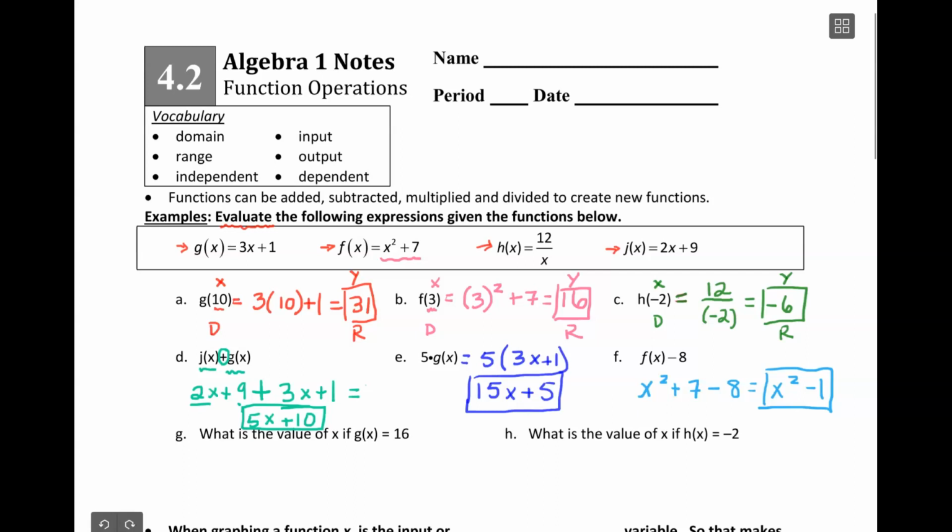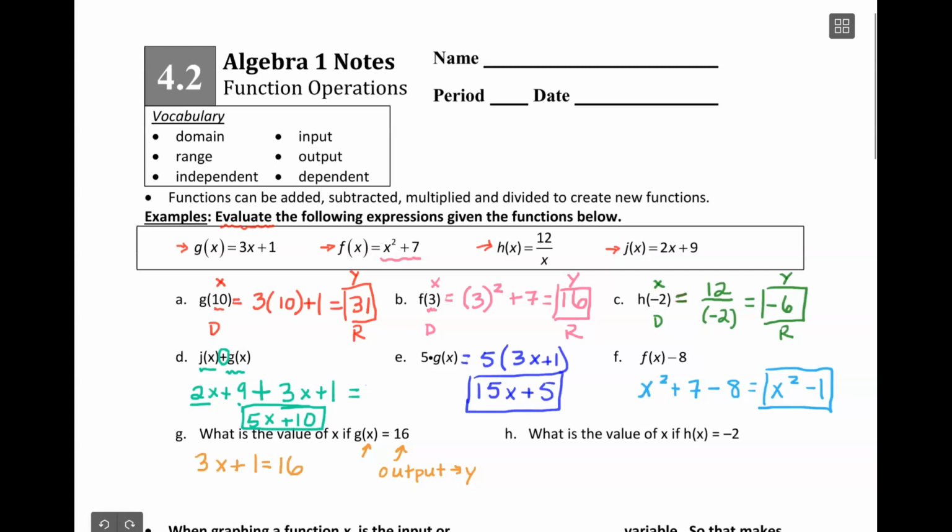Okay, so we're going to look at this a little backwards. So remember what I've been telling you is if we're looking for x and this is the output, so 16 is the output. So 16 is the y value, the output value. This one's a little bit backwards, so we want to find what x would be. You take your function 3x plus 1, and I set it equal to 16.